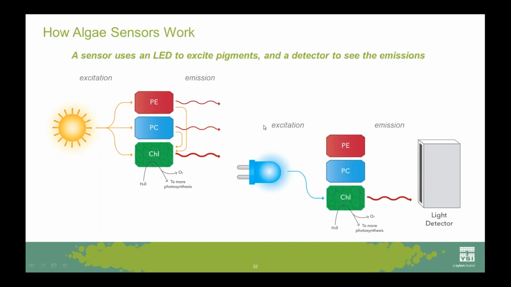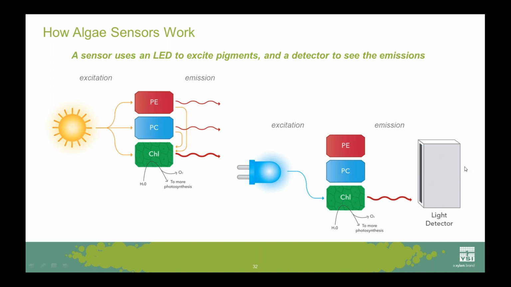Now, algae sensors were built to take advantage of that natural process. So instead of sunlight, an LED in the sensor emits a very specific wavelength of light to excite a specific pigment.